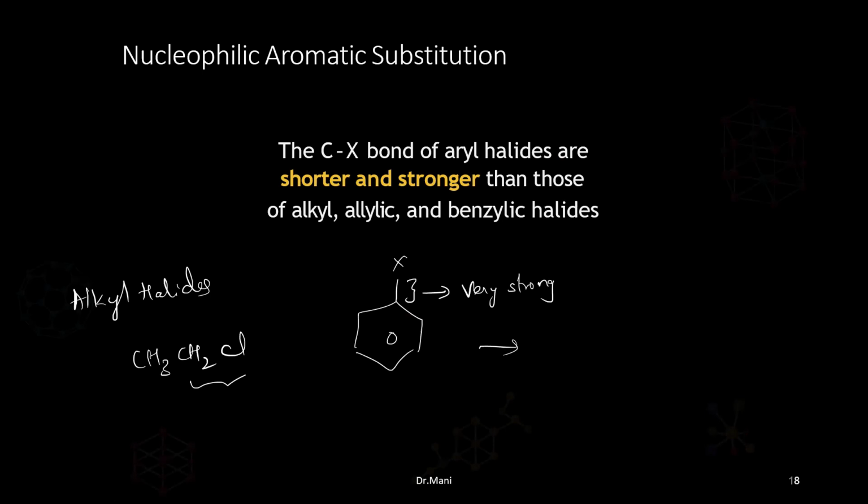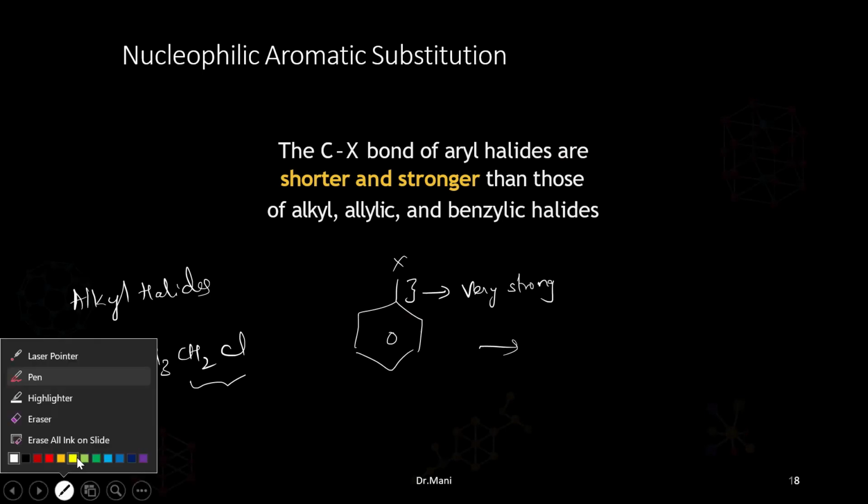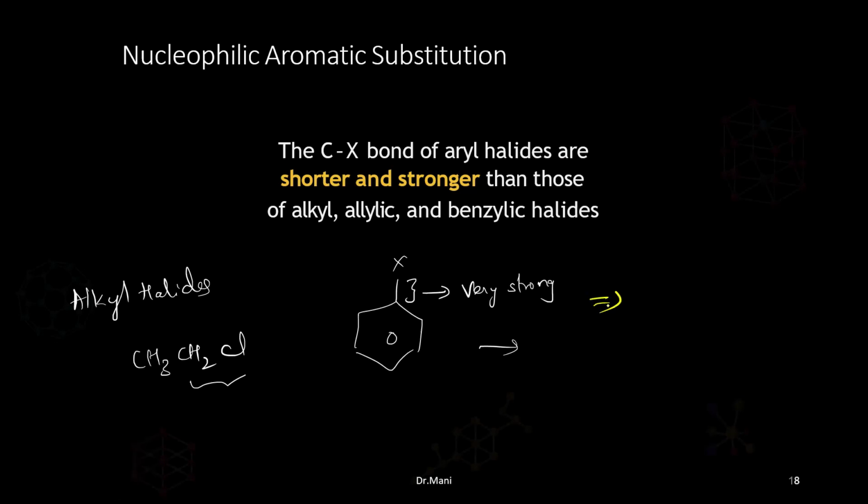In order to break this bond, remember, it requires a lot of energy. Bond breaking, whichever reaction you do, either SN1 or SN2, requires a lot of energy. Remember this.